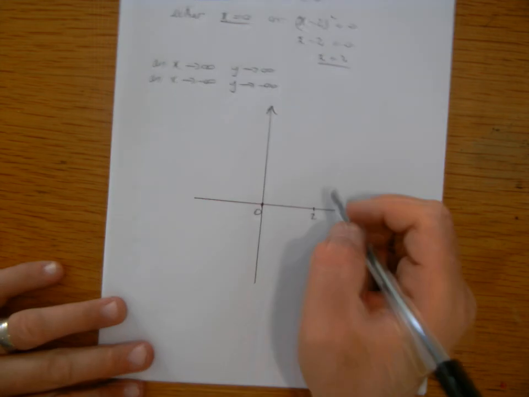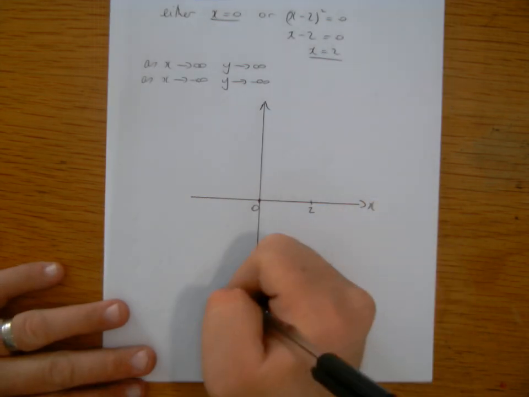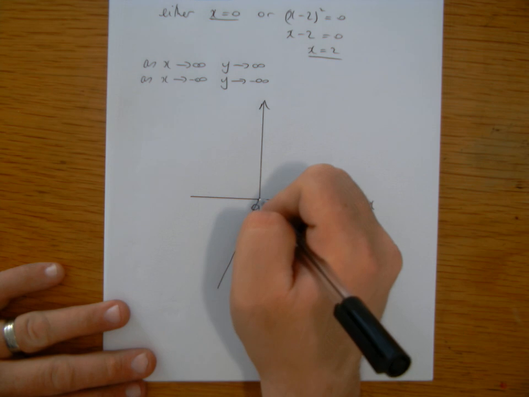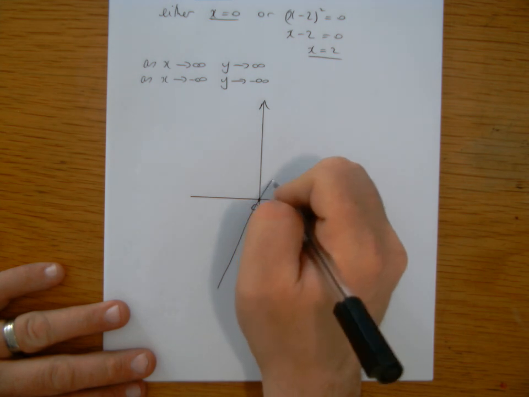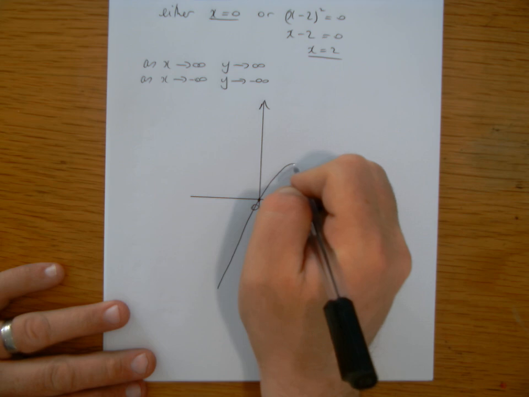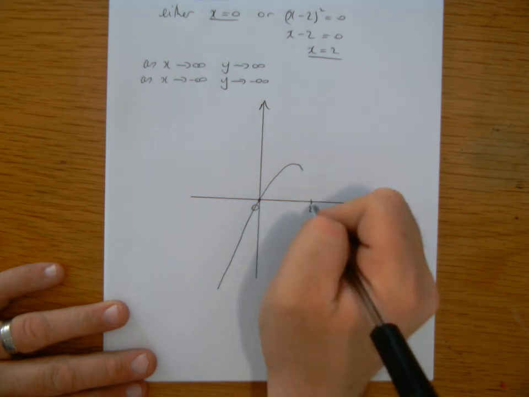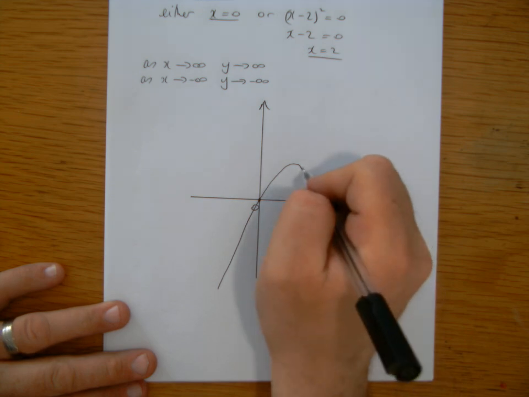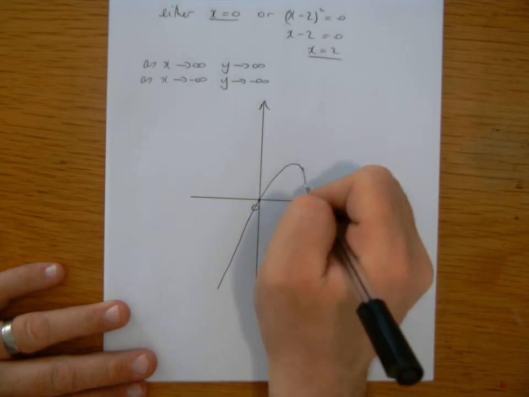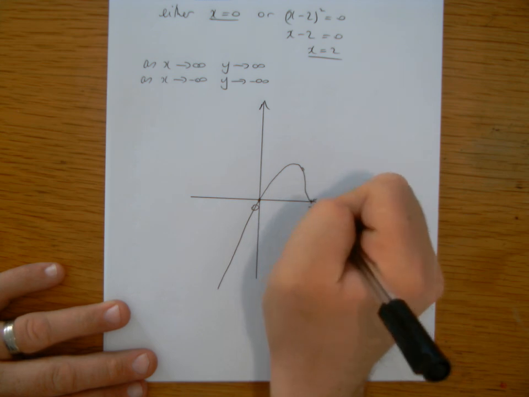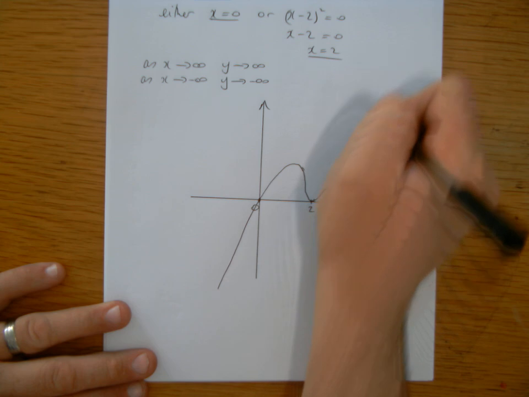So quite simply, when we sketch it, we know this is going to shoot off to minus infinity. It's going to go through the origin. Now it's going to keep rising. It's going to be positive, but at some point it's got to come back down because it's got to hit the axis again, isn't it? It's got to be 0 here. But I know it will actually hit the axis and it will turn around straight away, and then of course it'll shoot off to positive infinity.